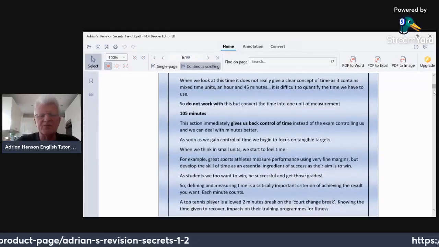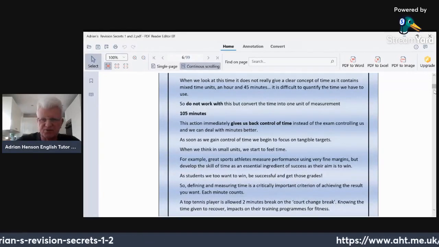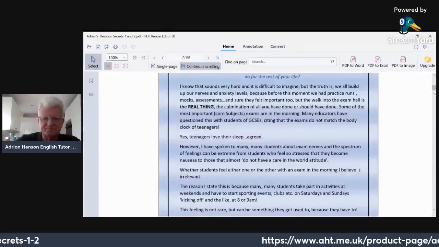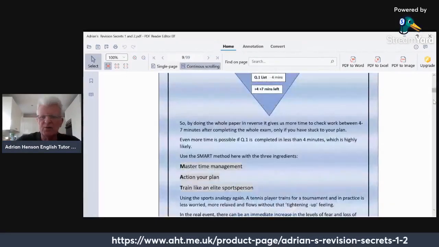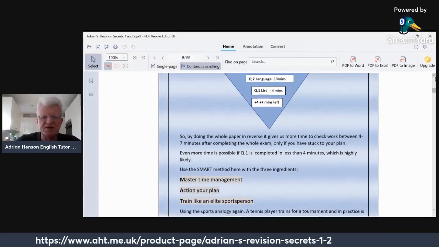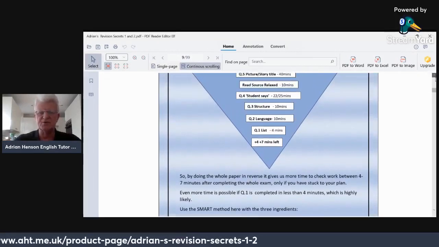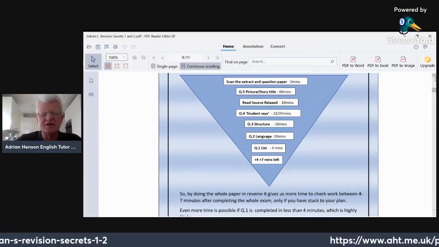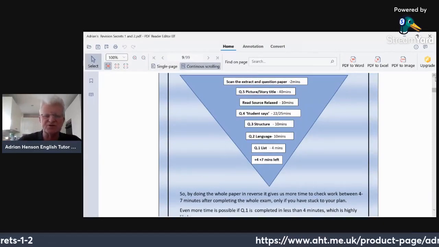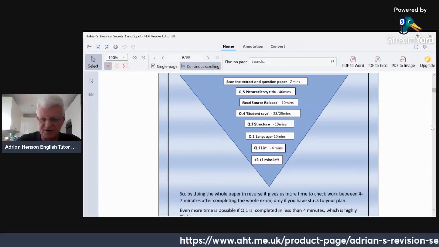There's nowhere on the paper it says you have to do it in any particular order anyway. And then there's lots of tips about how to go about it. There's the strategy mindset that I do as a picture, and it instantly gives a reference to the type of question that's coming on, like language and structure and whatever.